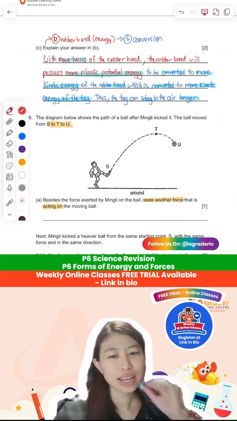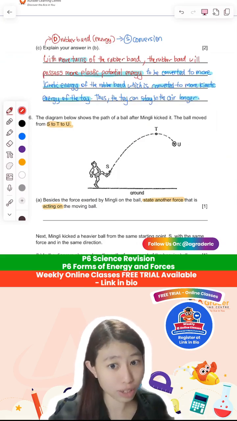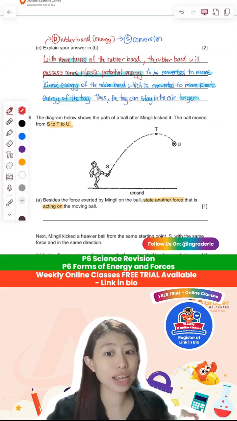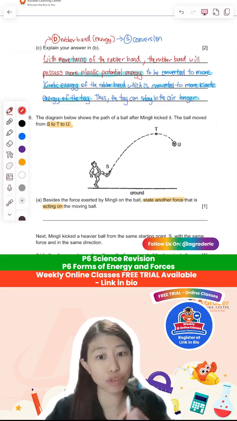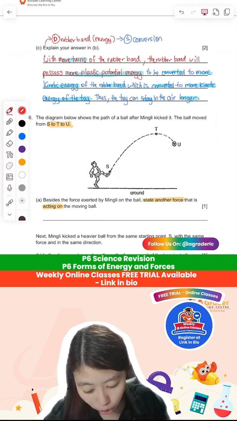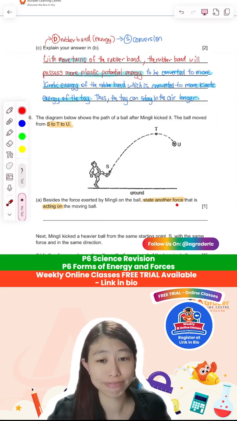Friction is okay. If you're going to talk about friction, you have to be specific in this question. I understand that you must be thinking about air resistance. Air resistance, yes, is a type of frictional force, but because they ask you to talk about force here, try to mention something that is a force. If not, you have to be specific and write air resistance.